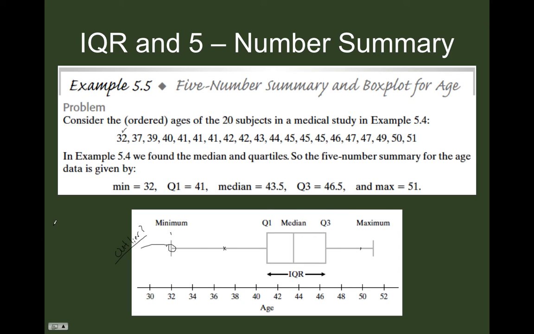To figure out what an outlier is, we say anything that's more than 1.5 times the IQR above or below Q1 or Q3, we're going to call that an outlier.